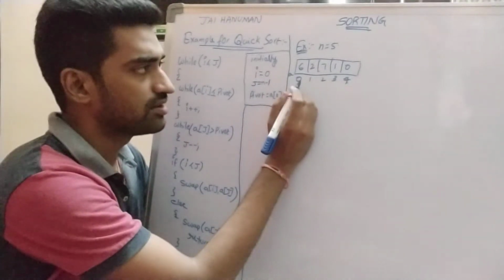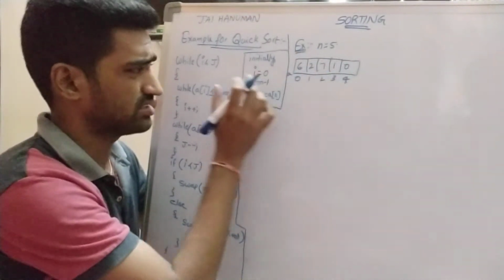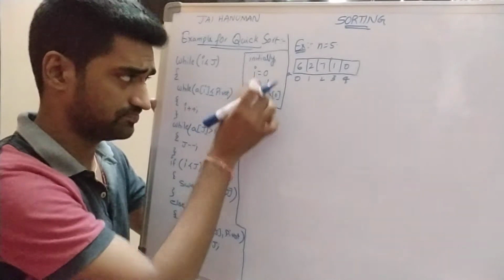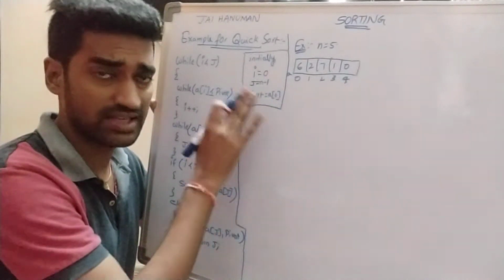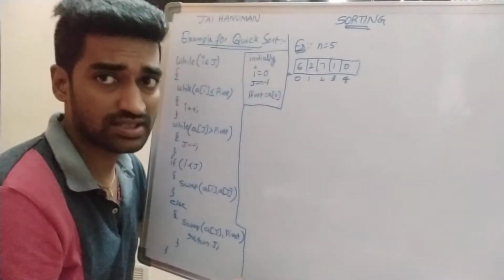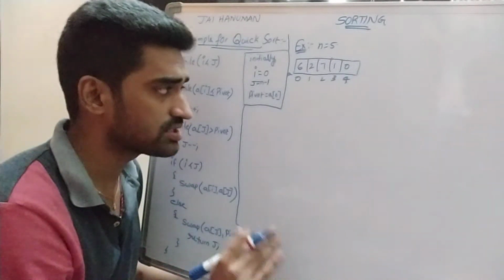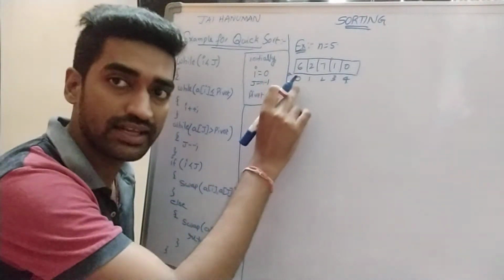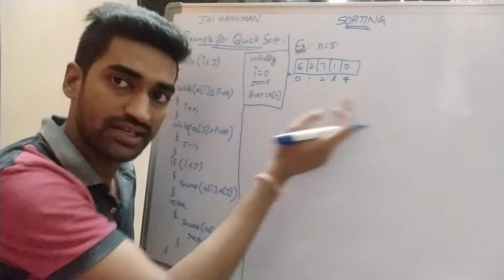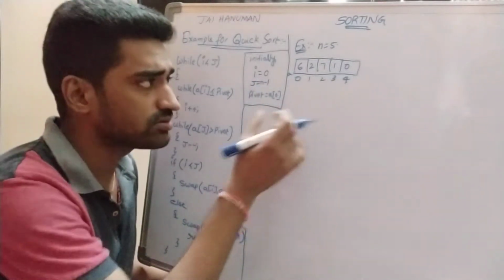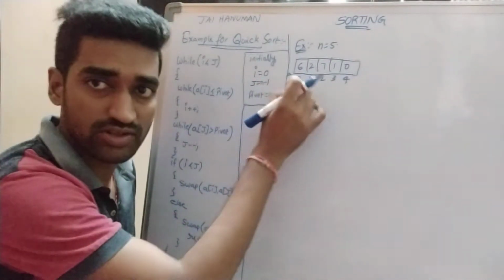First of all, before going to this algorithm, initially you set some values: the i value, the j value, as well as the pivot position. In quicksort, the pivot position is either the starting element, the ending element, or any position. You have to take any position, and that position is said to be the pivot position.